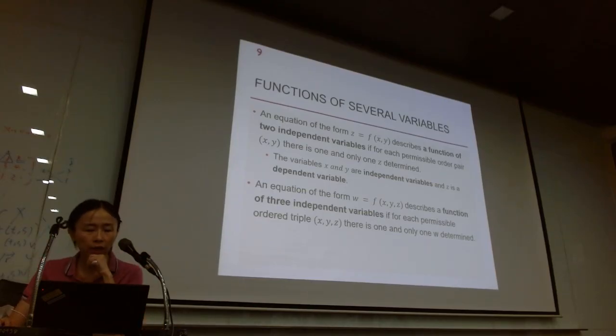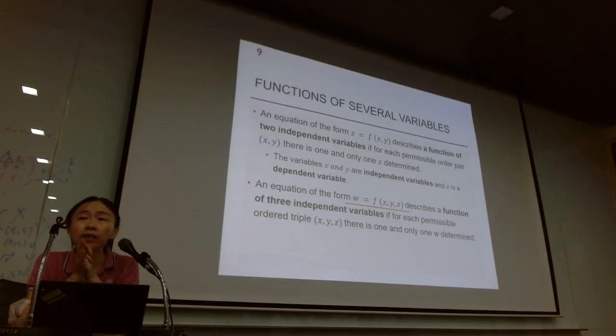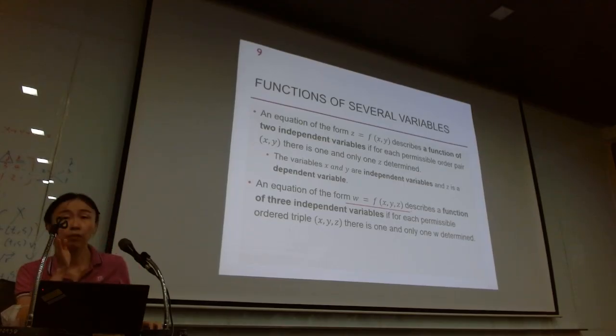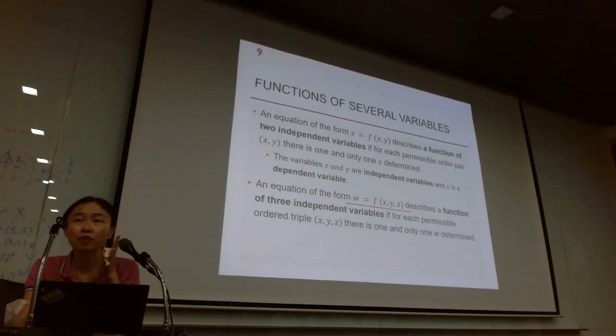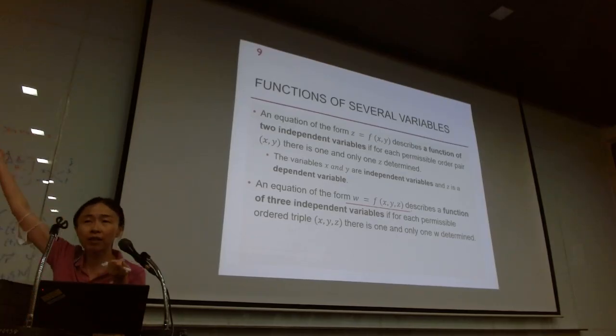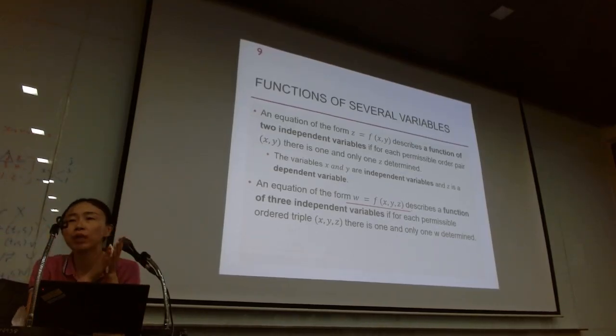Okay, the next one. Equation of the form w, x, y, z. This one is how many dimensional space? 4. Okay, 4. Can we visualize it? No. Okay, so we cannot visualize it. Indeed, you can go 5, 6, 7, many, but the problem is we cannot visualize.